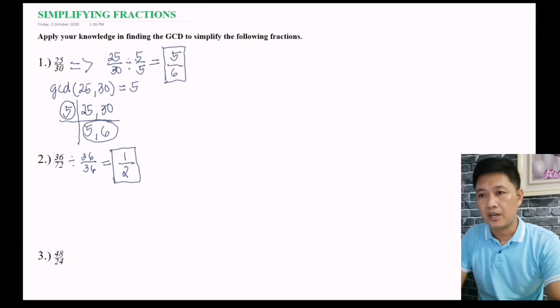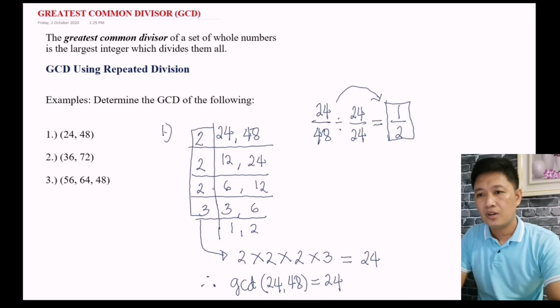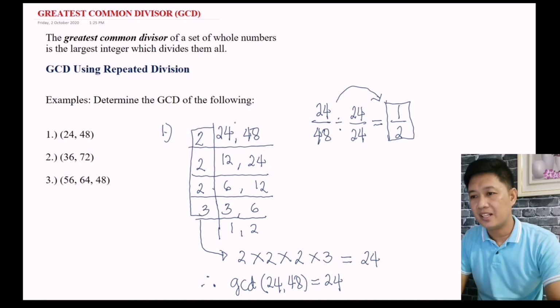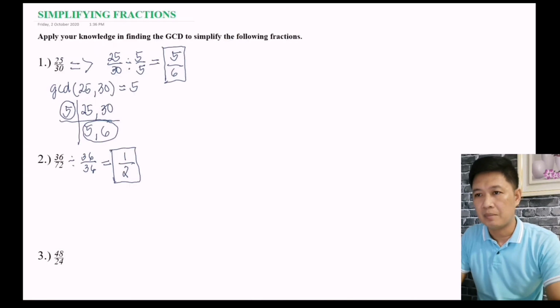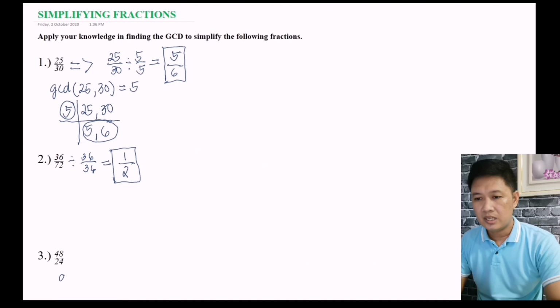48 and 24. Okay? So, ang 48 and 24, alam natin kanina na nasolve na natin yung GCD nila, and that is equal to 24. Tama ba? So, pwede na natin idiretso ito. Ang GCD nito, kung matatandaan natin, sa 48 and 24 is equal to 24.